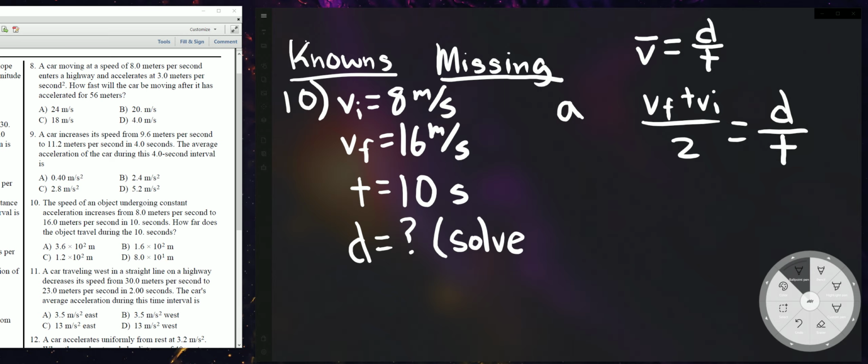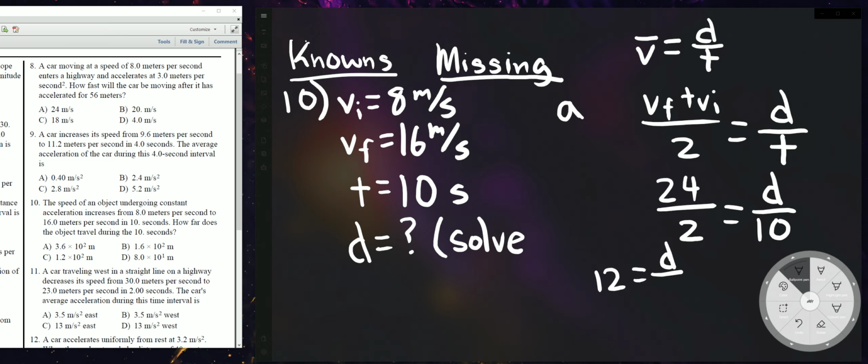So vf plus vi, 16 plus 8, 24, over 2, is 12, equal to d over t. Oh, we do have t. So 12 is equal to d over 10. Times 10 on both sides, you get 120 meters. Almost forgot my units. So it is 120. So the answer is C.